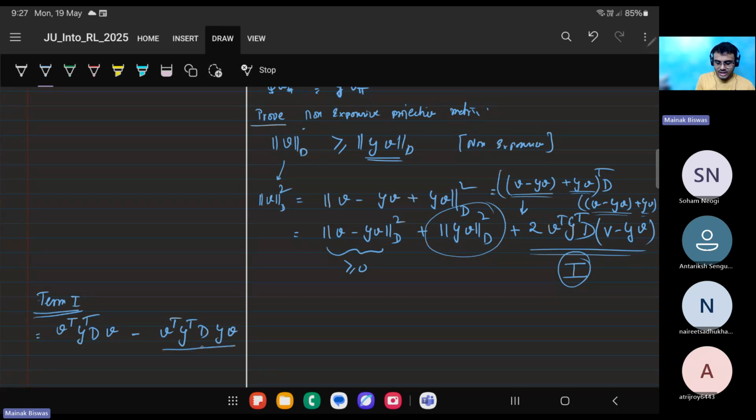I will look at this term now and see, as Orthodox was telling me, if we can prove that this dot product is 0 or not. That's what we'll try to prove. Okay, let's try and prove that.